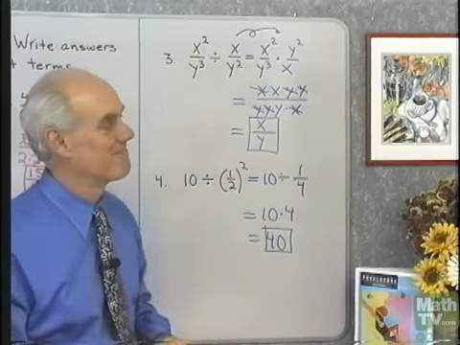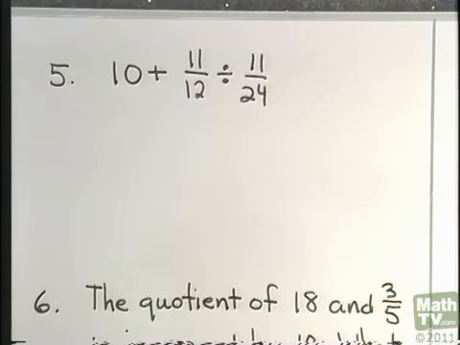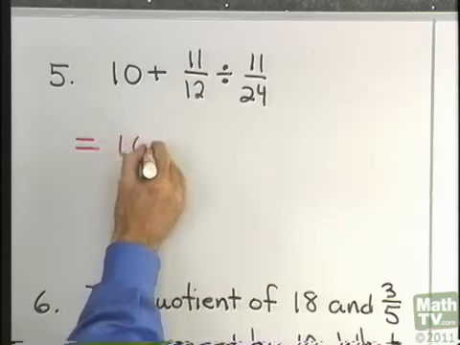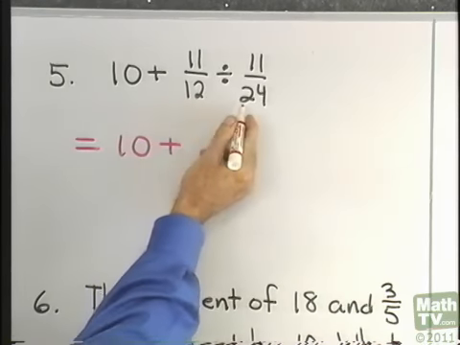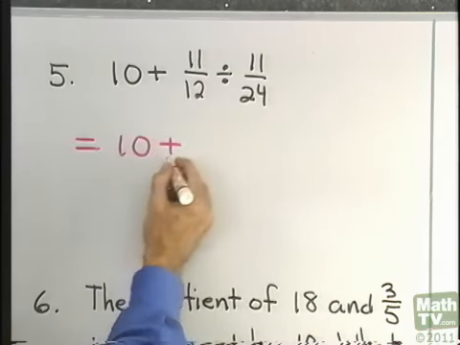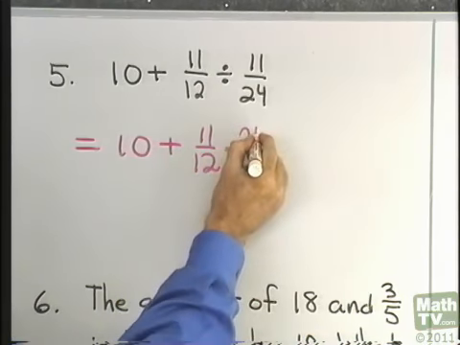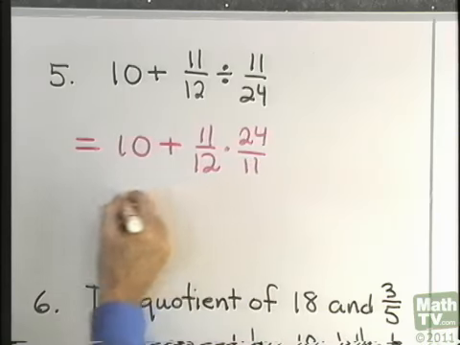Another example. Problem number 5. 10 plus 11/12 divided by 11 over 24. So I'm going to use my rule for order of operation and write this as 10 plus 11/12 times 24 over 11.